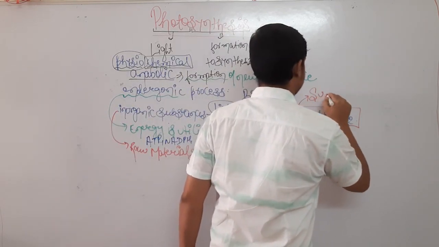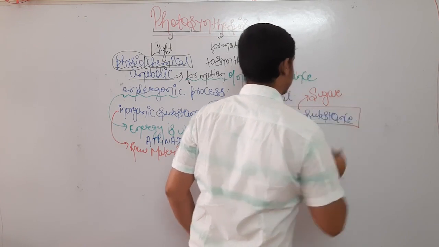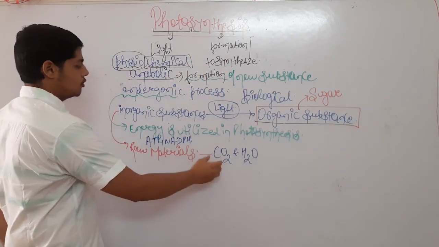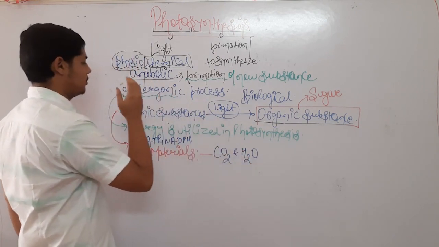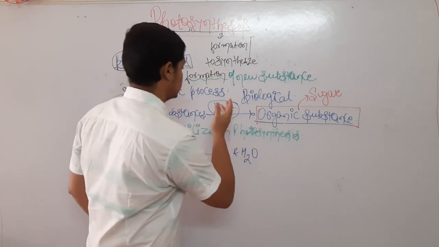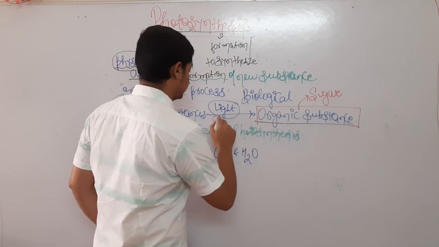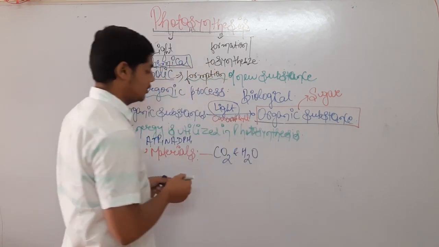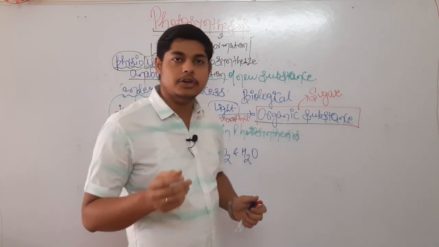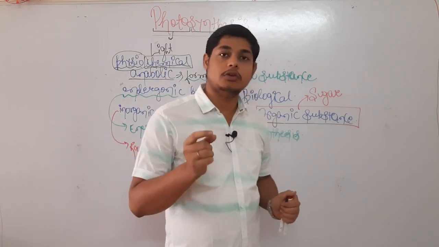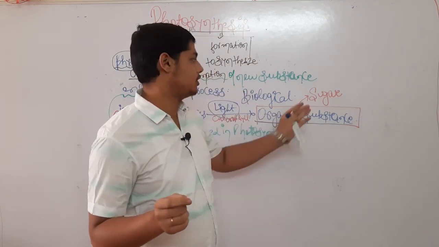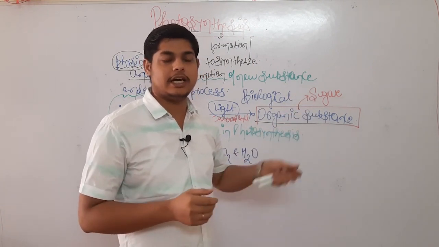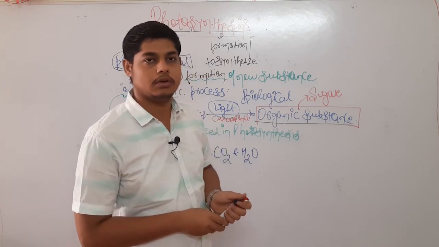It is called sugar or carbohydrate, basically glucose. So CO2 and H2O react together in the presence of light. We can add chlorophyll here. Chlorophyll, to form a new organic substance, which is sugar and basically glucose, and liberates an oxygen molecule.